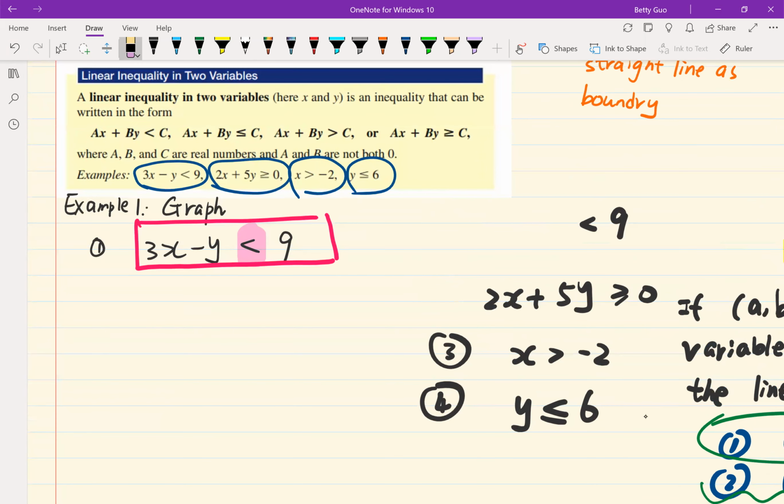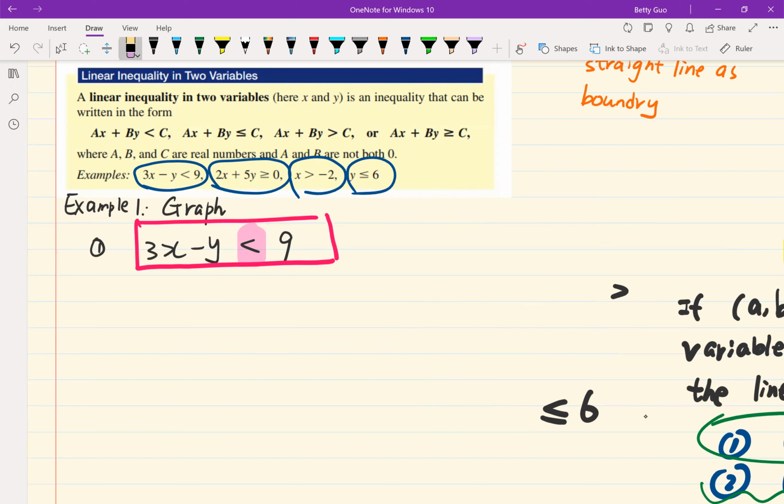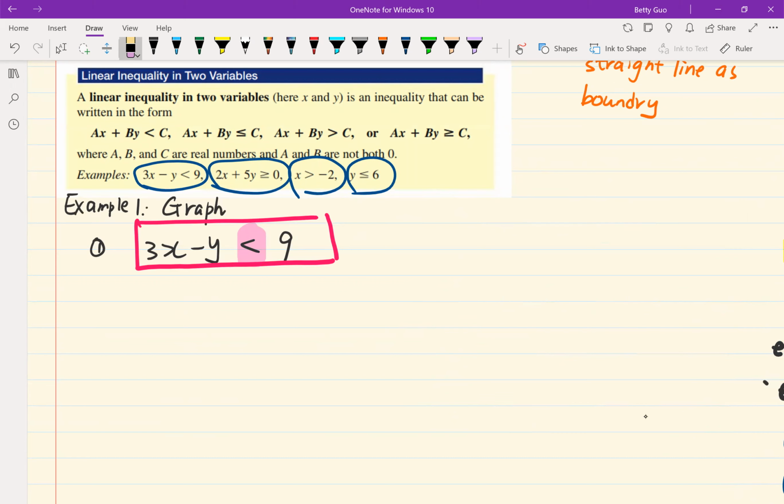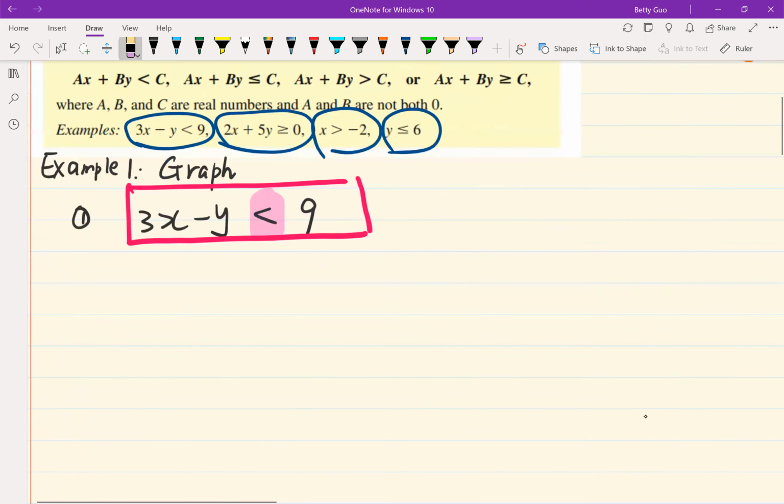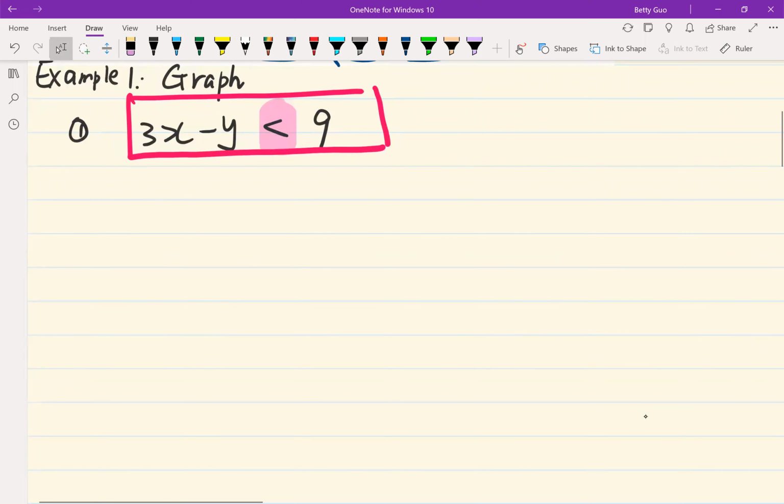Let me erase that. Let's see the first inequality. The first inequality is 3x minus y is less than 9. It is a linear inequality in 2 variables.